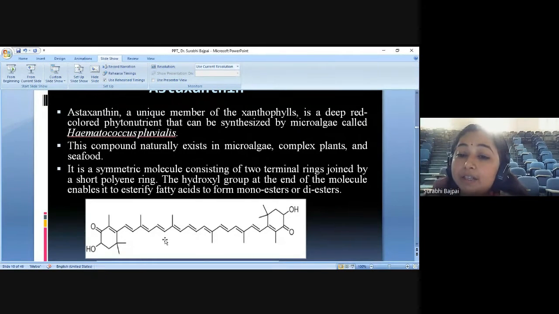Now when it does so, it is actually converting those ROS molecules, like singlet oxygen, into non-toxic ones. So in due course, this is a very helpful molecule for controlling oxidative stress and detoxification within the neuronal area.